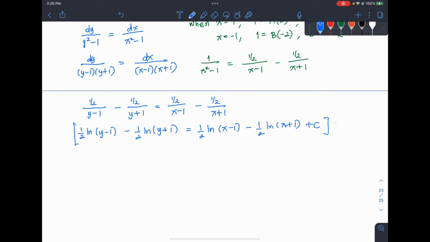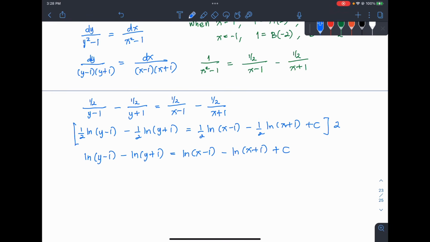So we multiply everything by 2, leaving us to have ln of y minus 1 minus ln of y plus 1 equals ln of x minus 1 minus ln of x plus 1 then plus c.